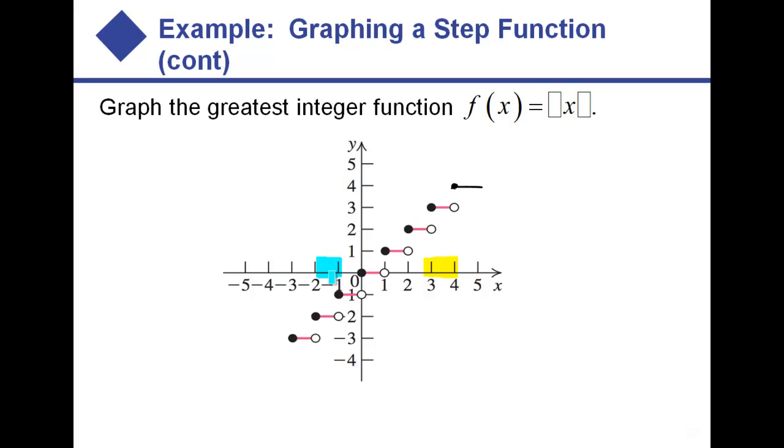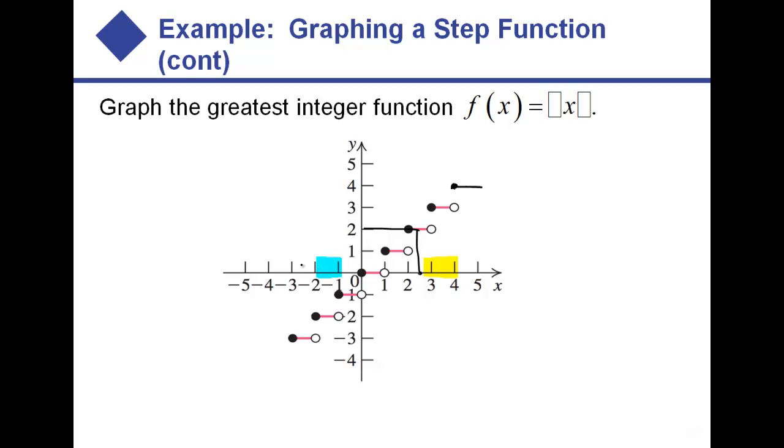So the greatest integer function graphs out as the biggest integer that is smaller than whatever number you give it. So if you give it 2.5, the biggest integer that is still less than 2.5 is 2. And that's why 2.5 maps up to a height of 2.